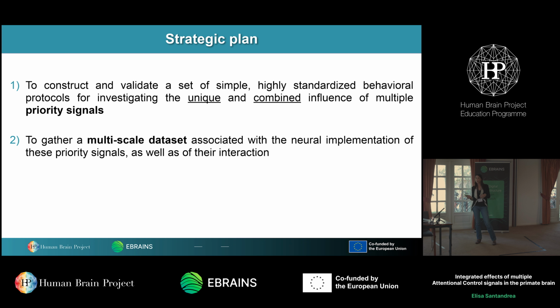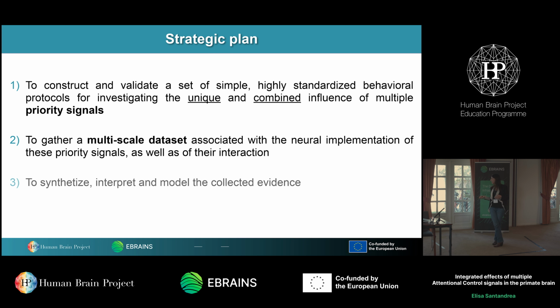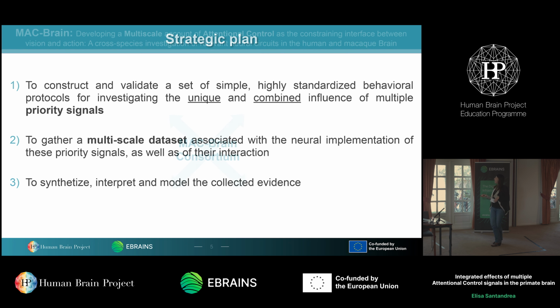The second was to use multiple techniques to understand the interactions at multiple levels, from behavior to neurons. And the third is to synthesize, interpret, and model all the data. And this is the missing step for the moment.